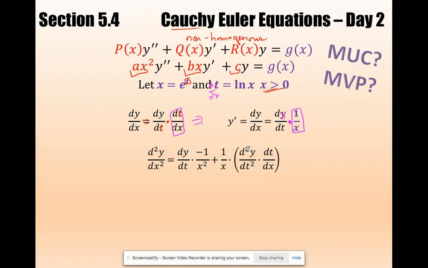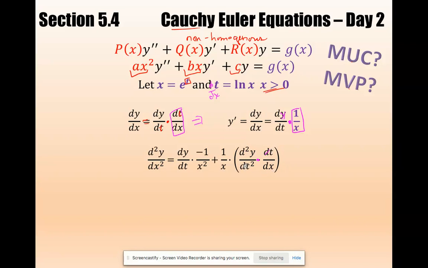You need to take its second derivative. But remember, I'm after the second derivative of y with respect to x, so I'm going to do the same thing with my chain rule. The second derivative of this y with respect to t times dt dx is going to be the second derivative of y with respect to x, and I'm just going to float this squared over here when I'm done.